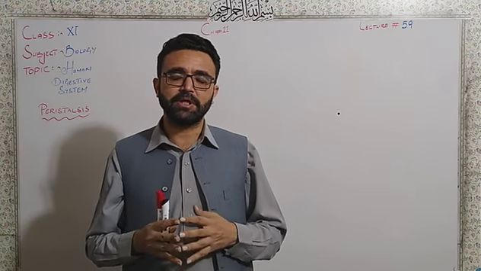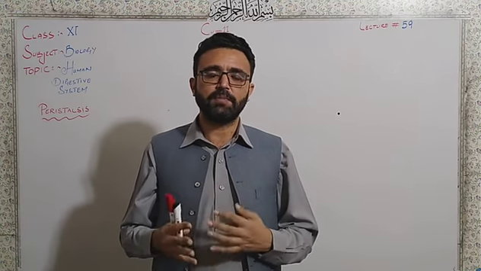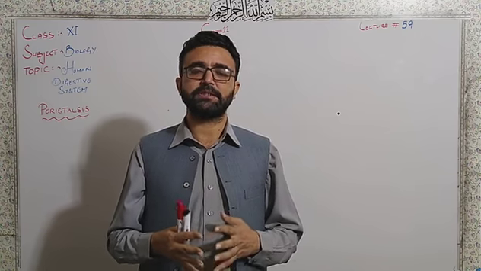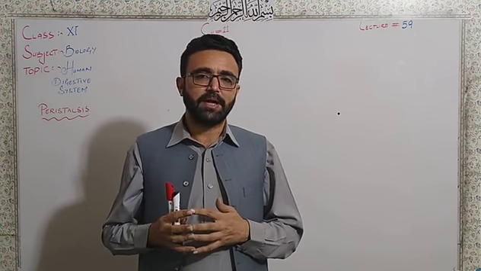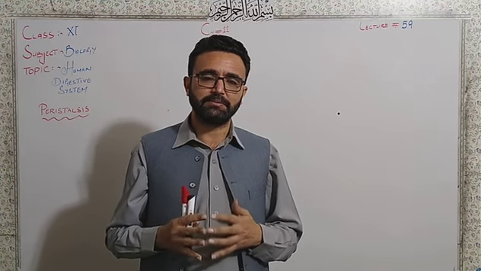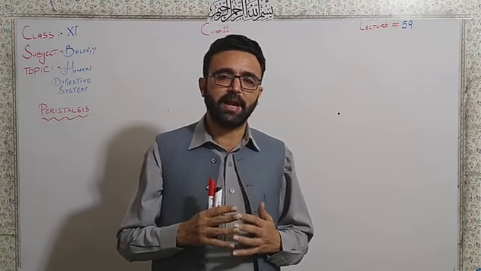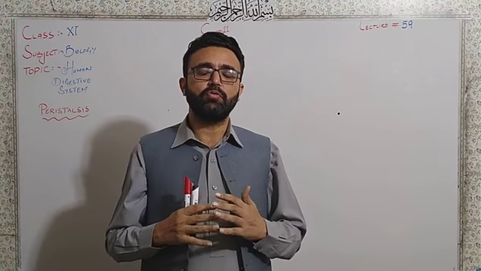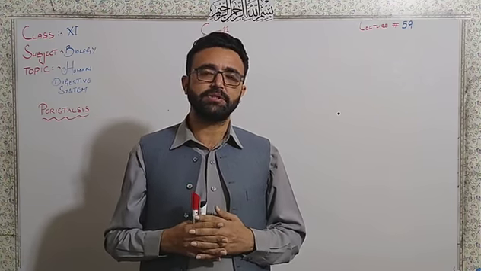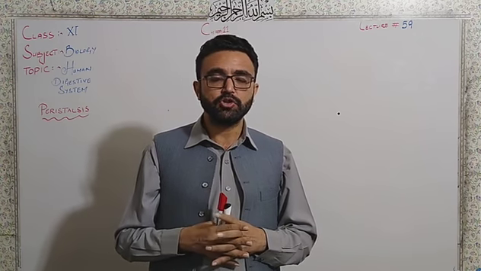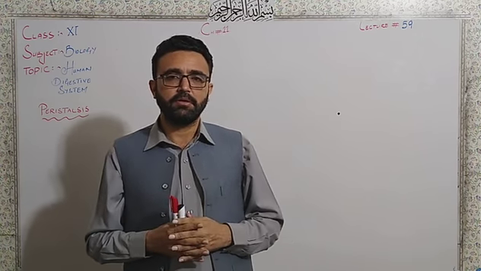There might be a chance that a food particle may enter the respiratory system, which can create great trouble. But that preventive mechanism leads the food past the trachea to the next part, which is called the esophagus. So this was a summary of the previous lecture.